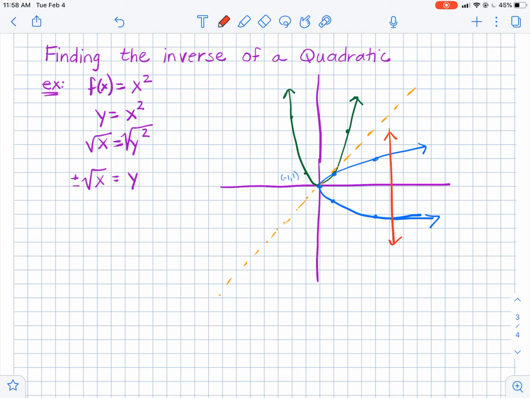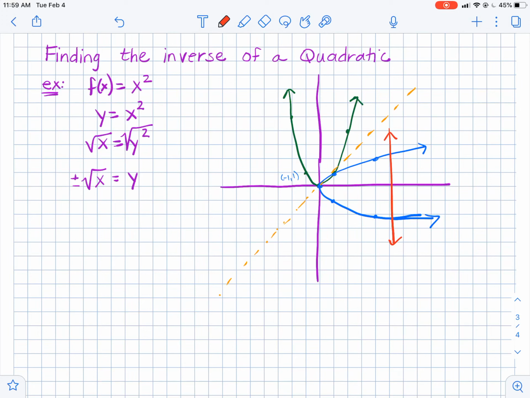No longer a function. So what we have to do is what we call a restricted domain, okay? And basically what that means is I can't look at the entire parabola because its inverse is not a function.